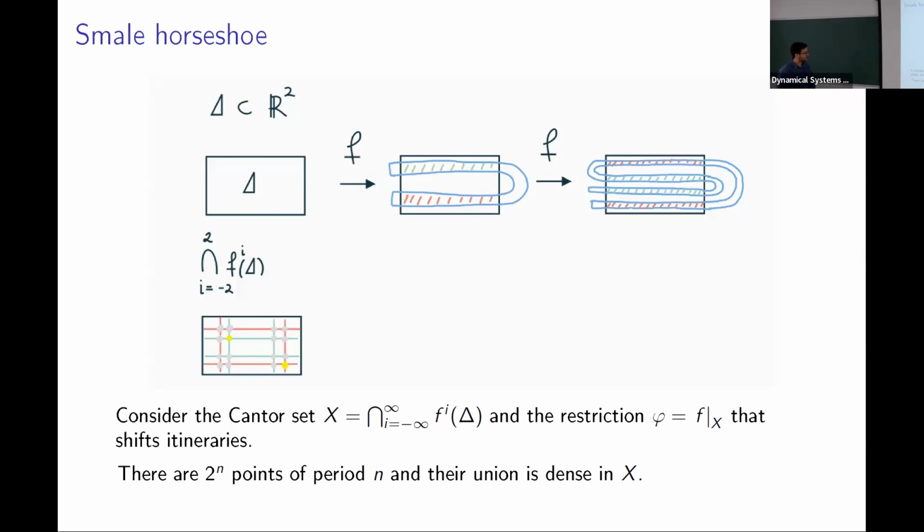Now, this is a Cantor set, and it is topologically conjugate to the full 2-shift, with infinite words in 0 and 1.